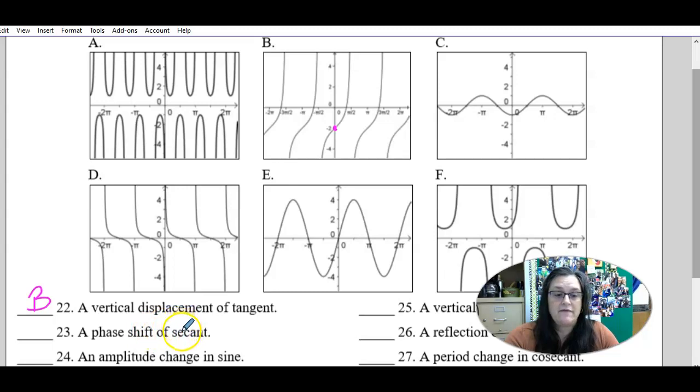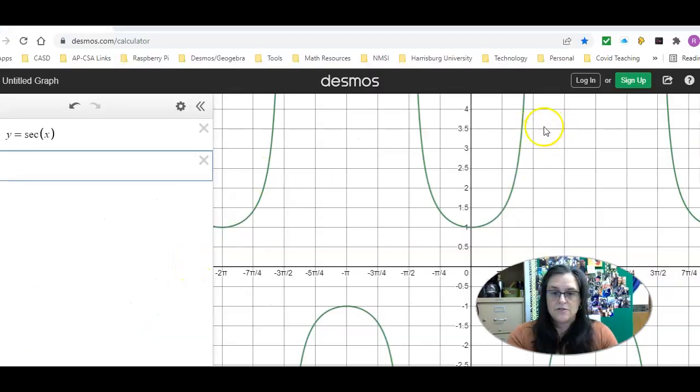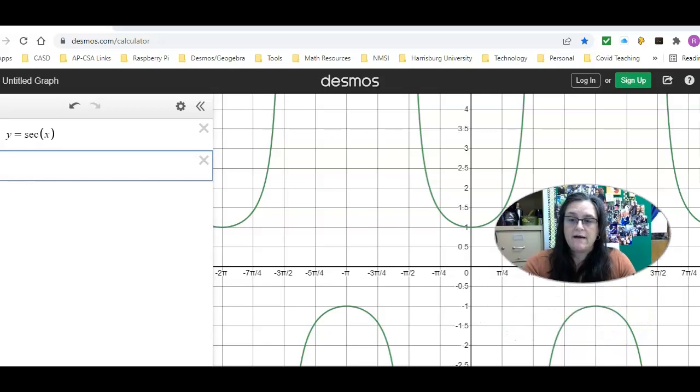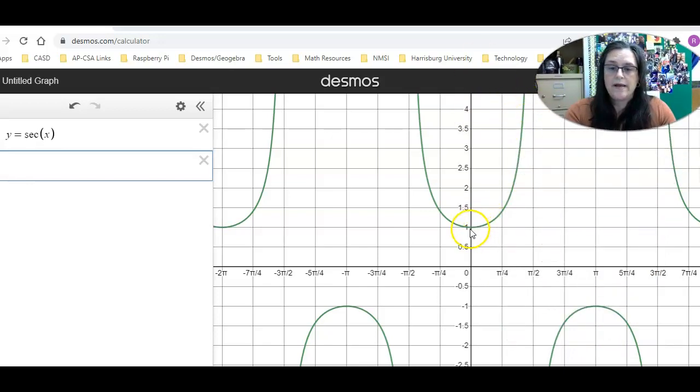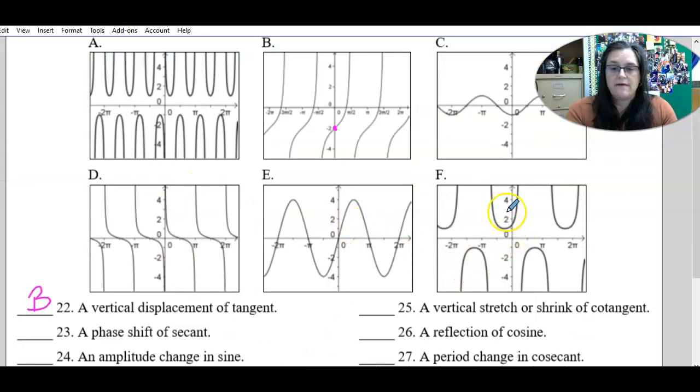The parent graph of secant is shown here in Desmos, and we can see the parent graph has its y-intercept here at 0, 1 with an upward facing U. When we look at this graph, graph F, we have an upward facing U, but the y-intercept, instead of being at 0, 1, we can see this got shifted, that corresponding point, over to the left. So the phase shift of secant would be graph F.